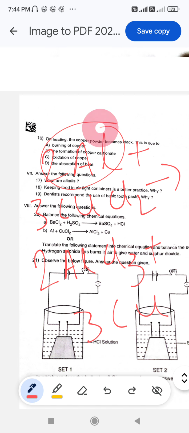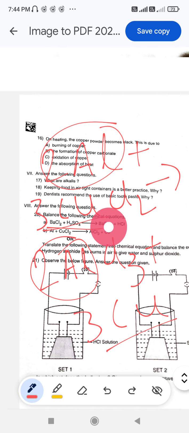Here 2Al, and here also 2Al. Here 3Cu, and here also 3Cu. This 3 is multiplied with Cl2, so 2 times 3 is 6 chlorine here, and 2 times 3 again 6 chlorine here. So the equation is balanced. This is about balancing of the equation.